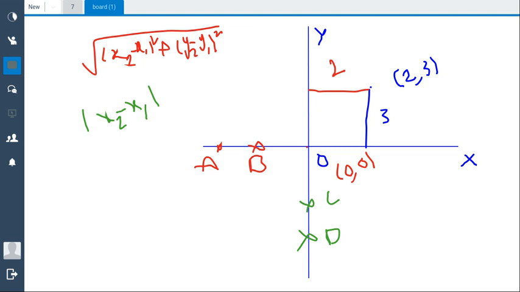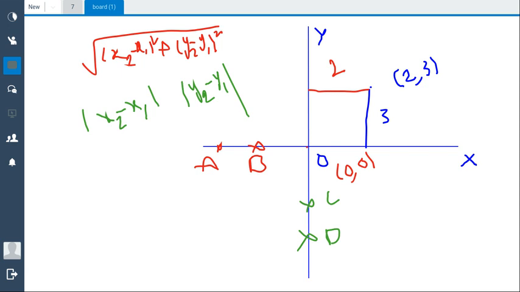So in that case you will get the formula: modulus of y2 minus y1 is the distance between 2 points if the points lie on y-axis. The reason is that the x coordinates are already 0, so x2 minus x1 whole square is 0.